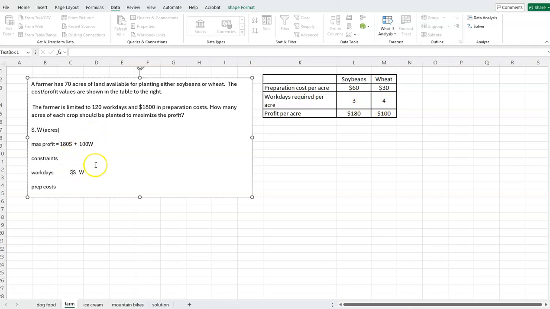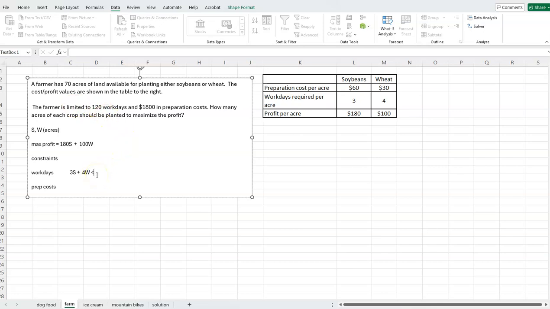So those would be our coefficients there. So the total work days would be obtained by adding these two together. Now a constraint, the difference between a constraint and the objective function is you'll also have another side to this problem. Our work days, what are we limited by? 120, limited to 120 work days.